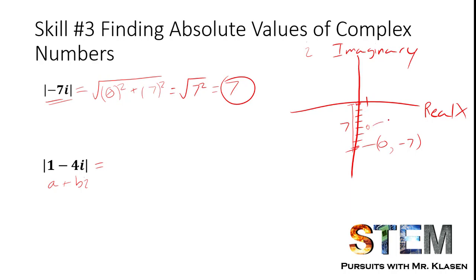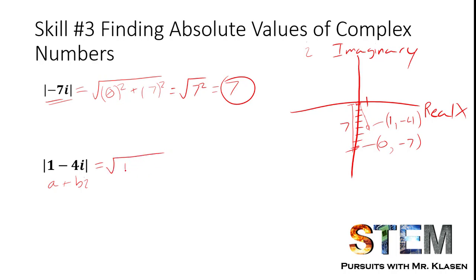So this is at a real component of positive 1 and an imaginary component of negative 4. And we can look at the distance from the origin to that point. It should be a little bit longer than 4, or bigger than the square root of 16. So we're actually going to test this out.